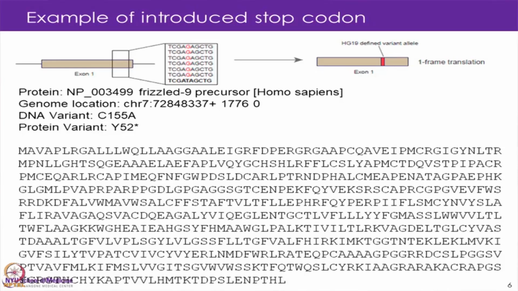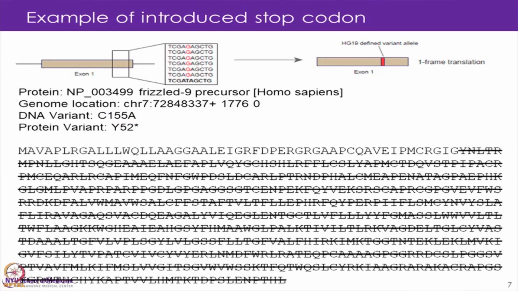For example, in this case, we have a more dramatic change where, on the DNA, this C at position 155 changes to an A, and that means that the tyrosine changes to a stop codon. So what will happen then is that most of the protein will not be produced in our sample in the tumor.